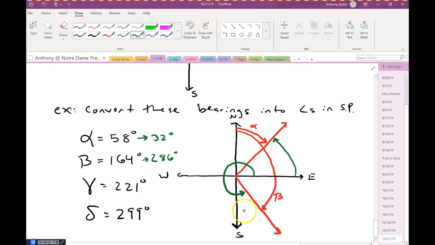So what David did was he figured out from here to here is 16, because 180 minus 164 is 16. And then he added 90, 90, 90, and then 16 more is 286. Everybody okay with that?